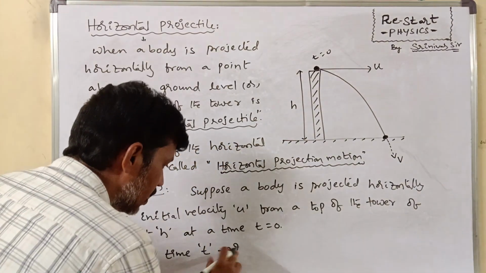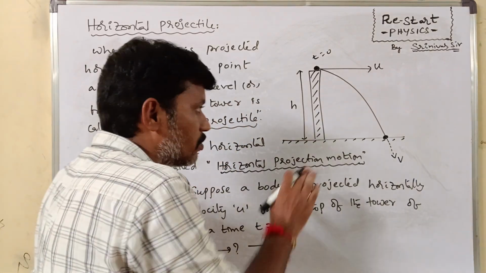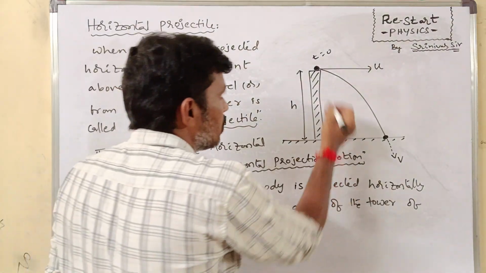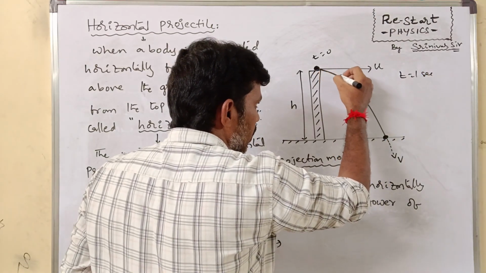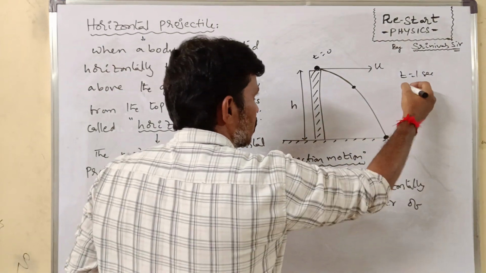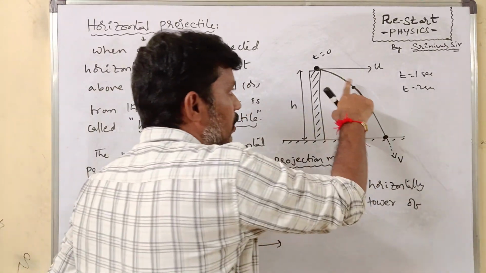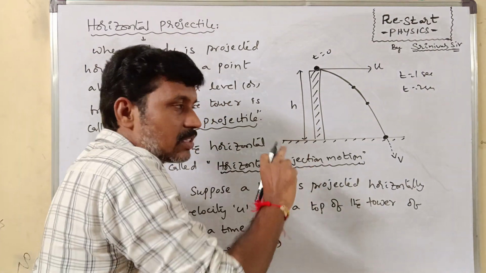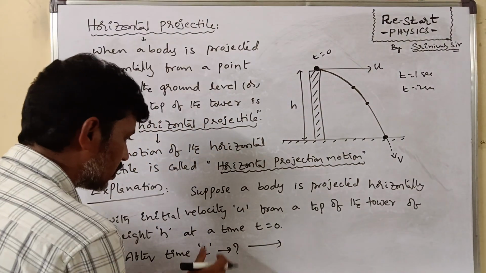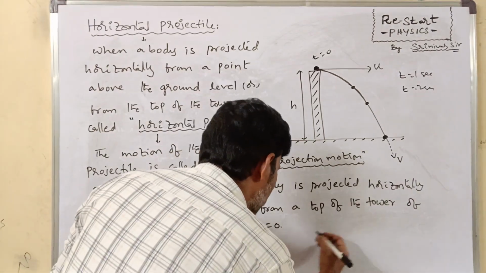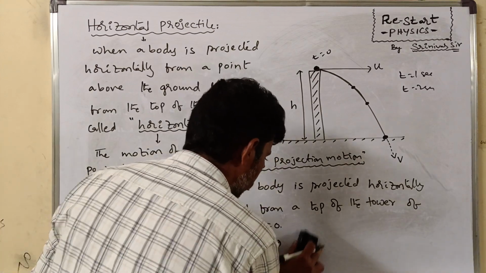Let us take what happens after time t. We can analyze the motion of the body after some time. For example, let us take t equal to 1 second, the body is here. After t equal to 2 seconds, the body will be at some other place. So after some time t, we can analyze the motion of the body.